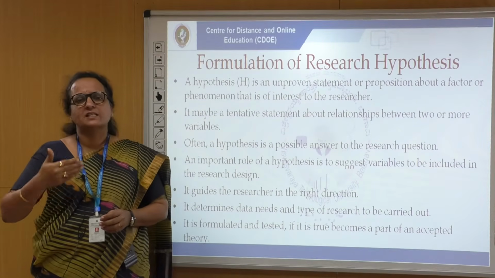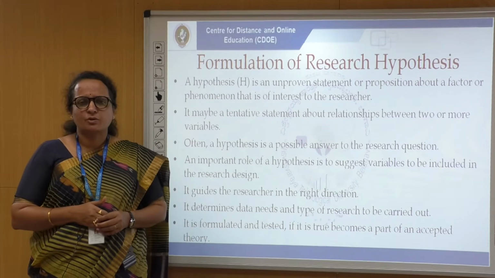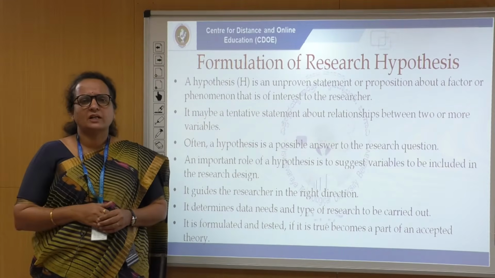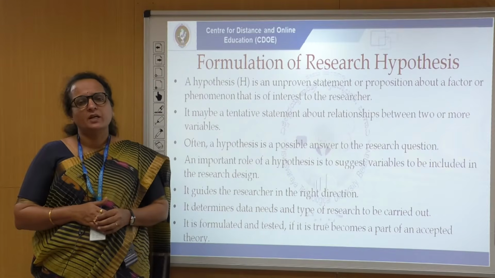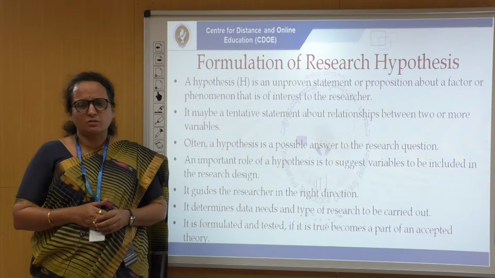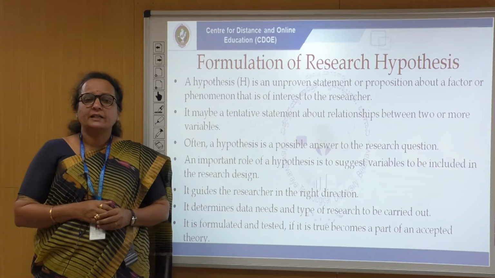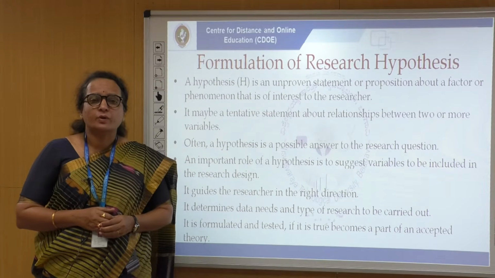Sales information will be gathered either from the department, from the sales executives, from the marketing department, or from the market, that is from the customers and the retailers, and a thorough analysis of the customers will be carried out. So in this way, the hypothesis will determine the data needs, what data is to be gathered and the type of research to be carried out.